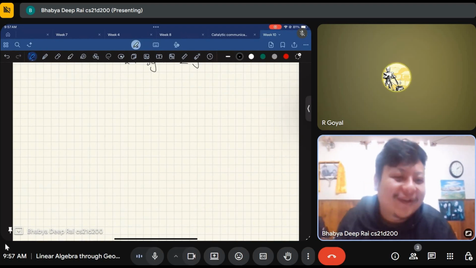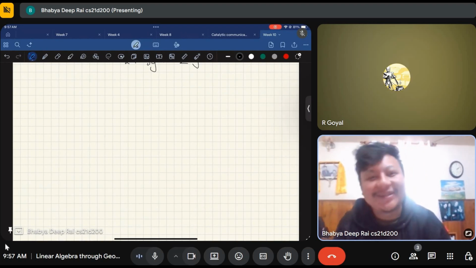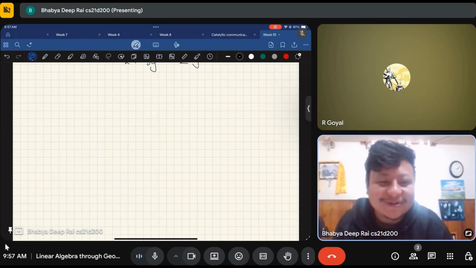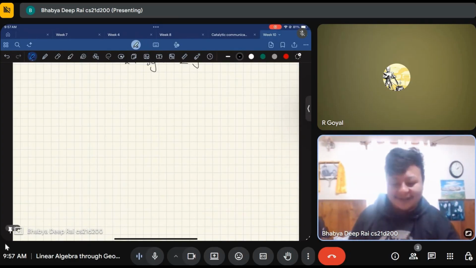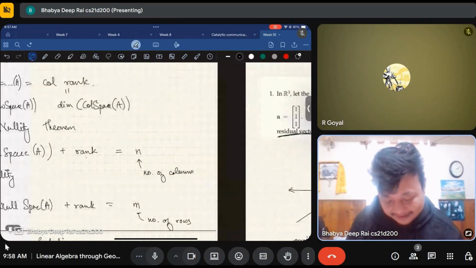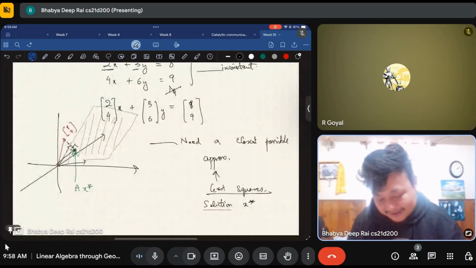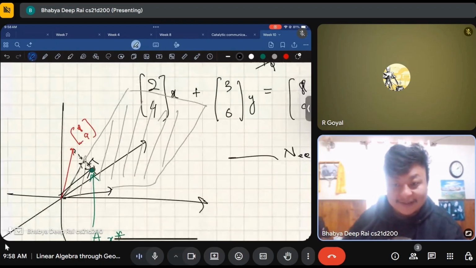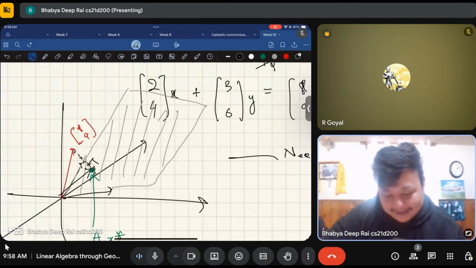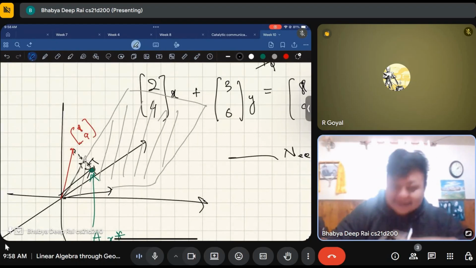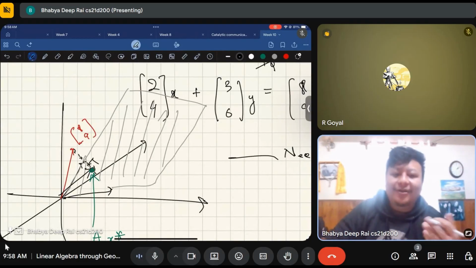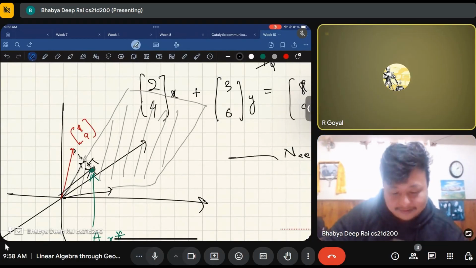So why do you need to find the least square solution? The least square solution itself is the solution you already have. If the system is inconsistent, it means that the vector is lying somewhere outside, like we saw earlier. Therefore, we want to find the projection.